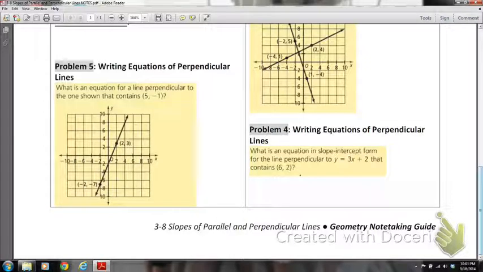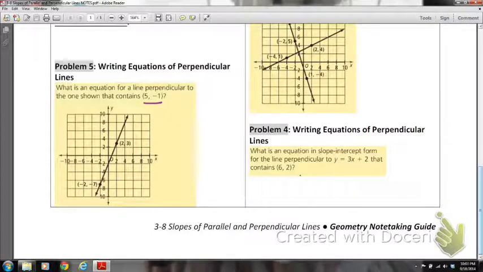The last problem is on the bottom left side of your page, problem 5, writing equations of perpendicular lines. This last example says, what is an equation for a line perpendicular to the one shown that contains the point 5, negative 1? So in order to be perpendicular to this line, we need to determine the slope of the given line.